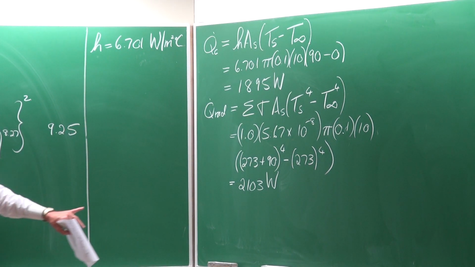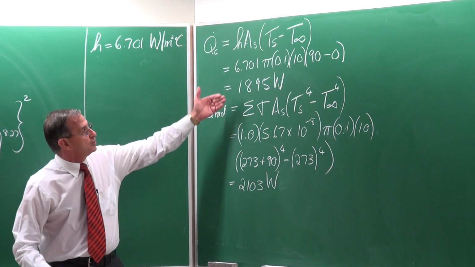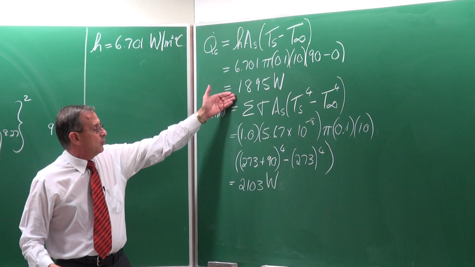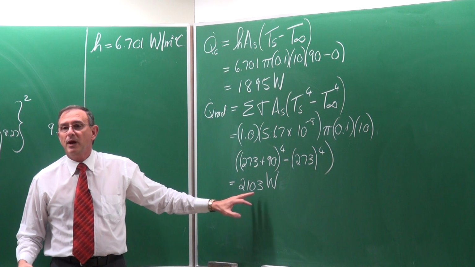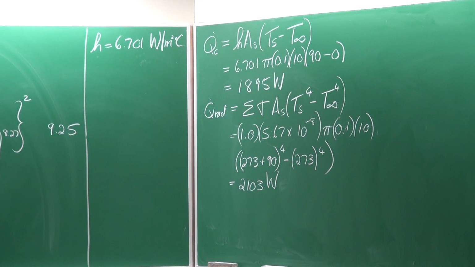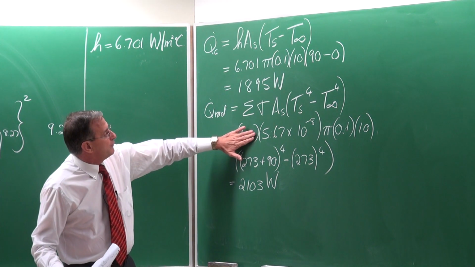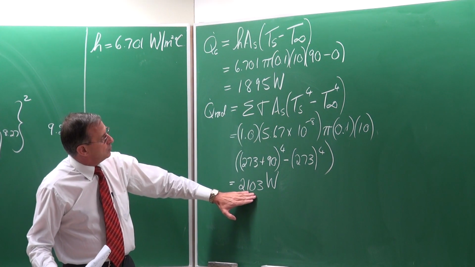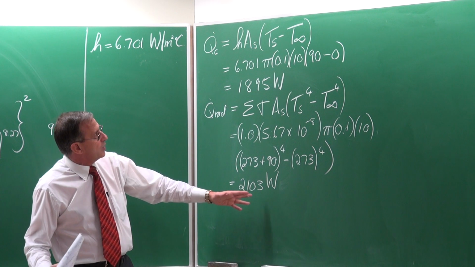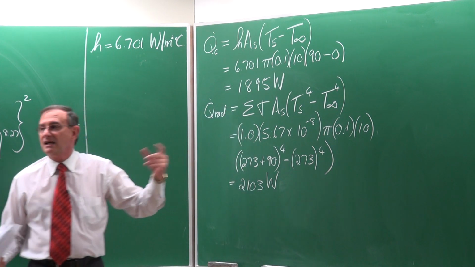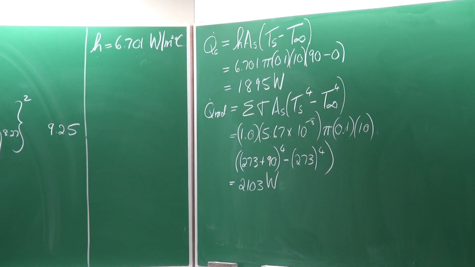Thus, we can see that the natural convection losses are 1.9 kilowatts, and the radiation can be up to 2.1 kilowatts. Now, yes, it might be that the emissivity is 0.5, then that would be equal to about 1,000 watts, so 1 kilowatt, but you can see that it has a significant contribution to the total.